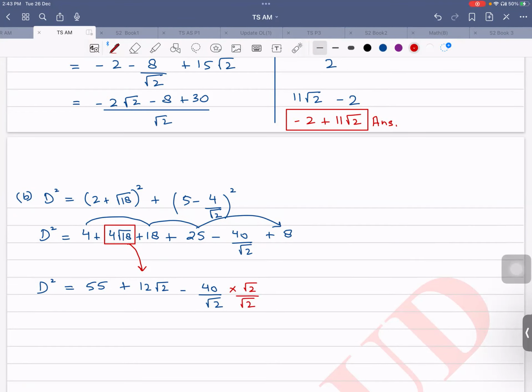In the last part, we took LCM first, and in this part we are rationalizing first, so that we know both the methods. This becomes 55 plus 12 square root 2 minus 40 square root 2 upon 2. I'm cancelling out 2 with 40.